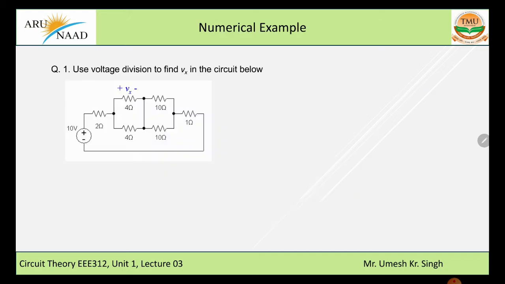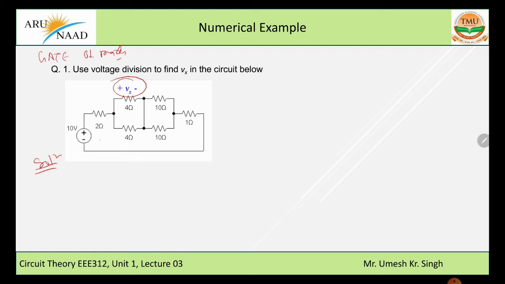Now we will solve some numericals to get some better ideas. This is a simple question that came in GATE for 1 mark. The question is to find the value of Vx. It seems to be complex, but it is not. Why?